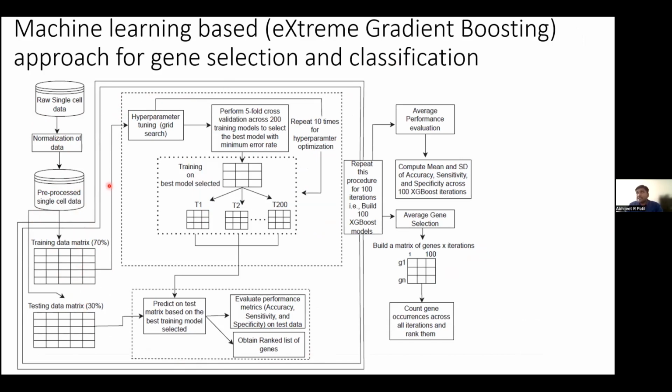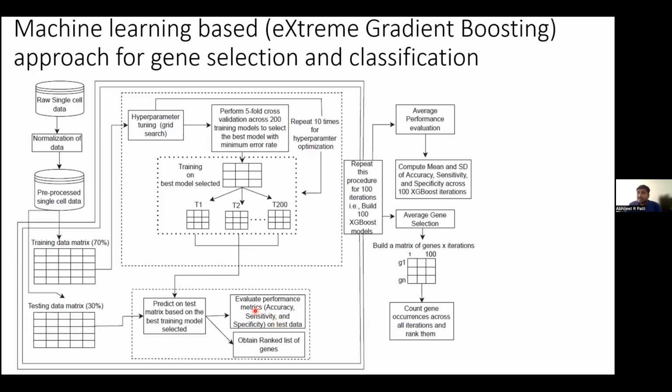Using the training data, we do the hyperparameter tuning to identify the best parameters across 200 different models, and based on that, we get the best model ultimately for one iteration. And using that best model, we plug in the test data to predict a few popularly known metrics, such as accuracy, sensitivity, and specificity.